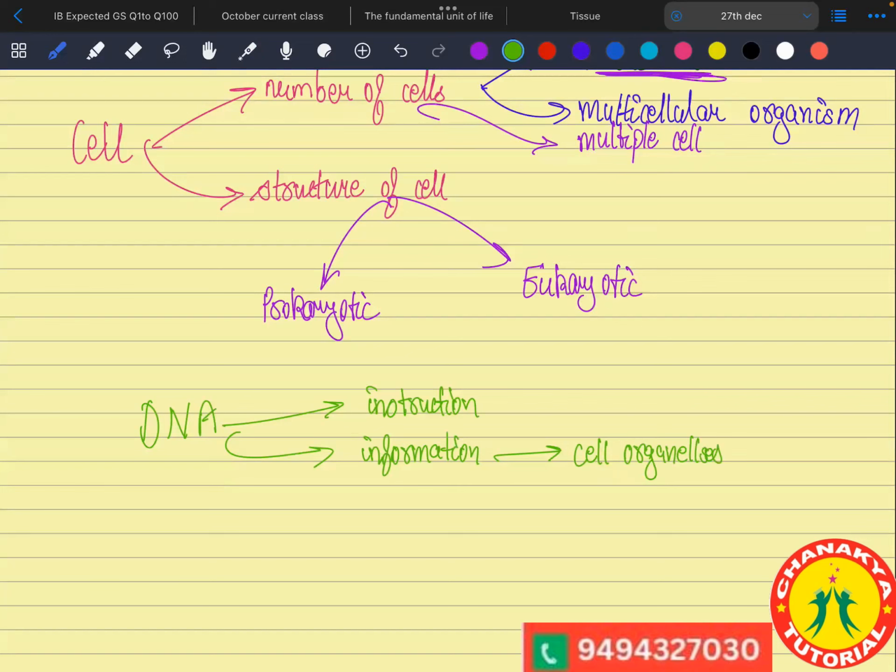I will tell you what cell organelles are, but it provides instructions to different parts of the cell to perform their work. So it is kind of a recipe menu in which everything is defined.